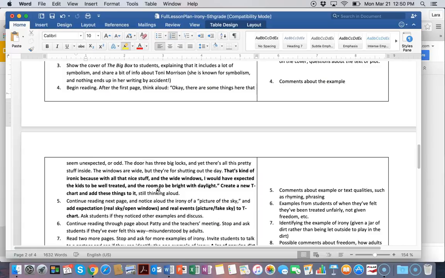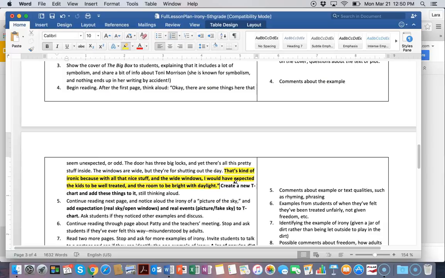So for example, at the beginning of the book, there's a phrase saying that the door that kids are in had 3 big locks. There was all this pretty stuff and the windows were wide, but it was kind of ironic because there were all of these nice things inside and had these wide windows. So I would have expected that the kids were going to be well treated, and I would expect the room to be bright with daylight.